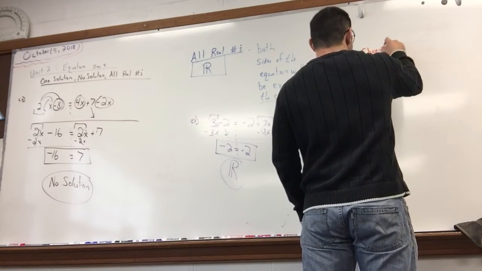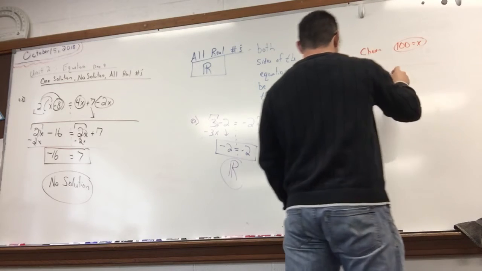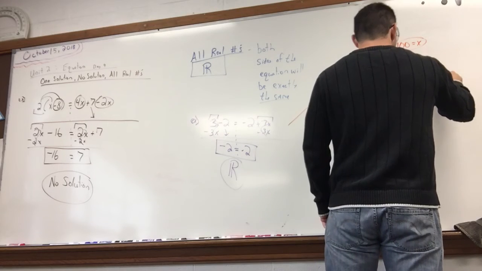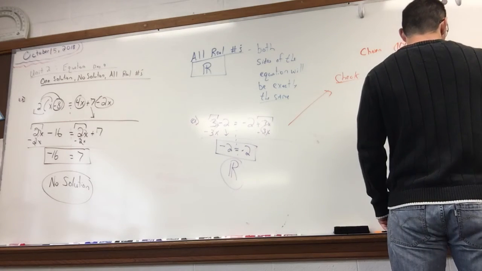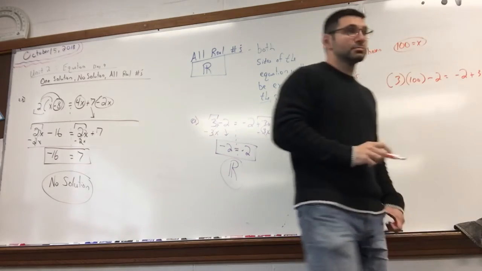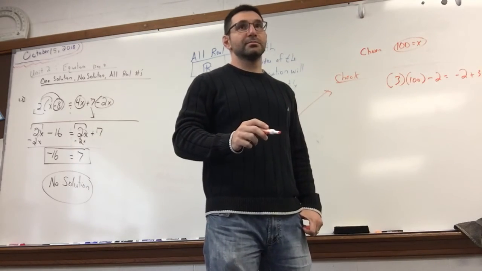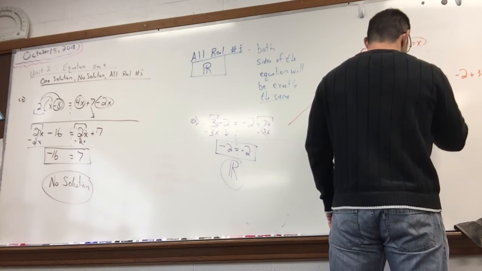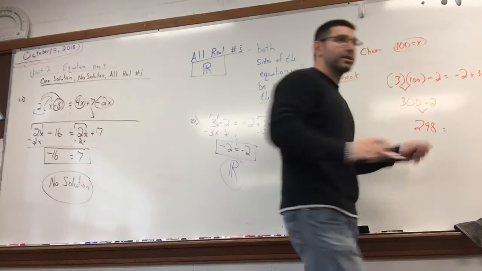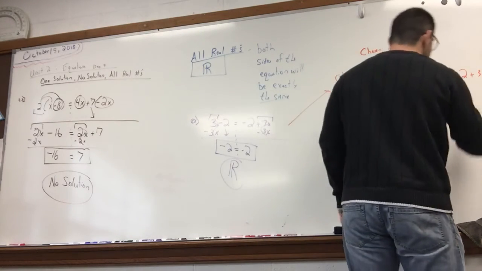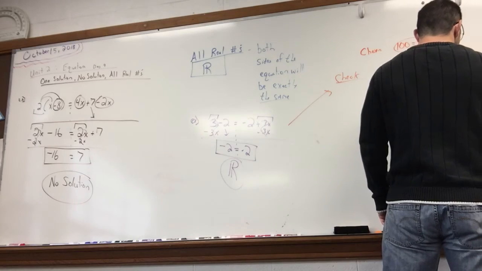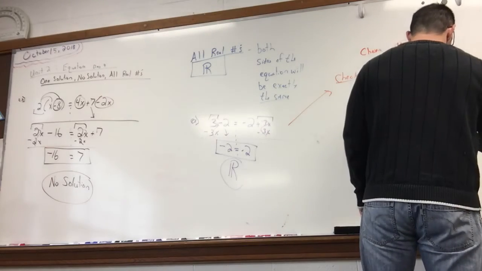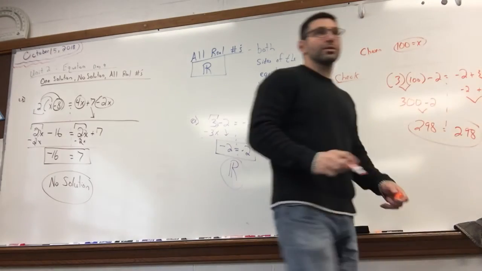So now 3 times 100 minus 2 equals negative 2 plus 3 times 100. 3 times 100 is 300. 300 minus 2 is 298. Everybody agree there? 3 times 100 is 300 plus a negative 2. Negative 2 plus 300 is 298. Oh, so that one works.